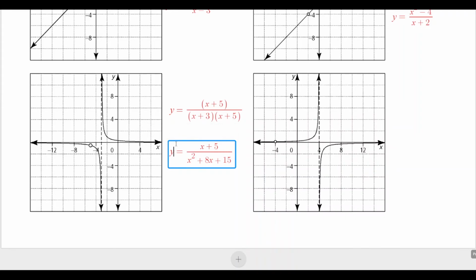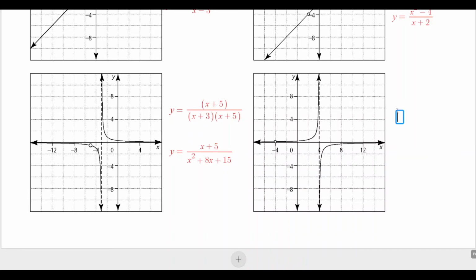I don't have an x-intercept, which makes sense because if I cancel these out, I'd just be left with a 1 up here and I would not have a factor. So I think we're pretty much done. You can write it in factored form or in standard form, but either one of these would produce this graph.